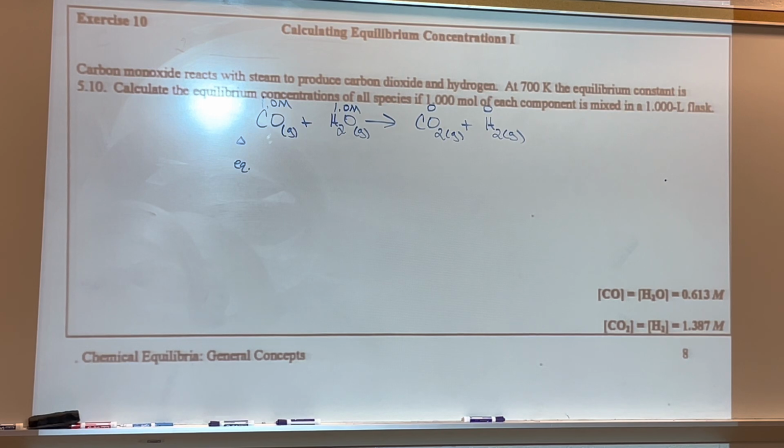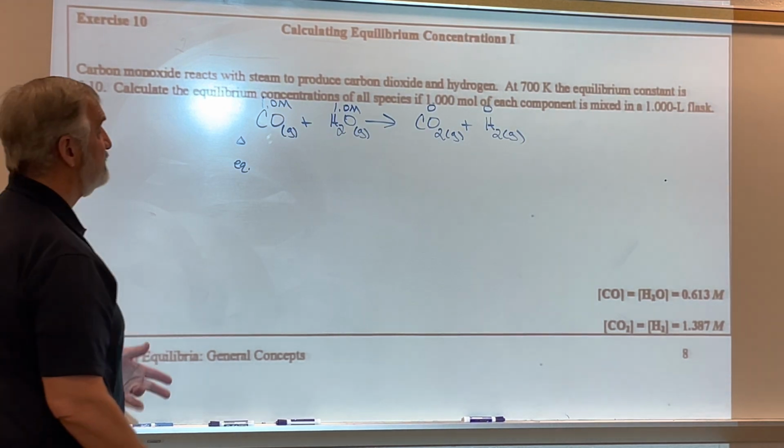Then I'm going to introduce how to do this. You may not be able to do it now. If it requires quadratic, just set it up. Is the equilibrium constant like Kc? Yeah, because we're given molar, so it's going to be Kc.